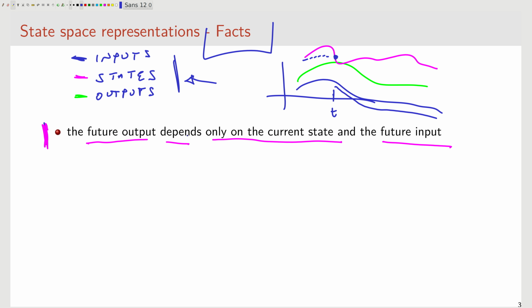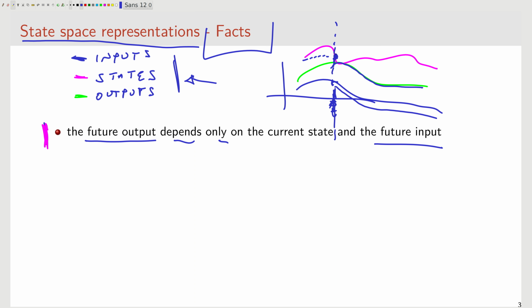Somehow, the first thing you've got to realize is that whenever we have state space representations, if now is here, knowing the state and knowing the future inputs allows me to predict the future output, since the future output depends only on the current state and the future input. From a graphical perspective, to forecast this output here, I just need to have the state here and the input here.